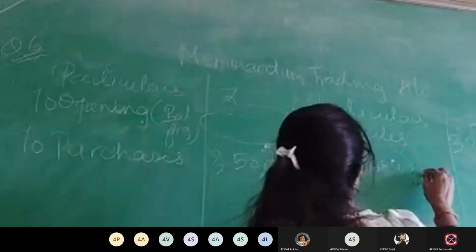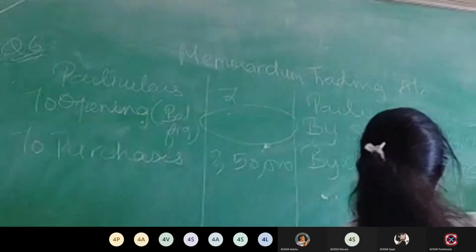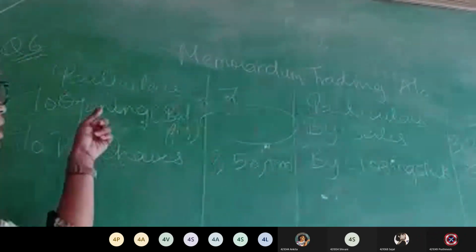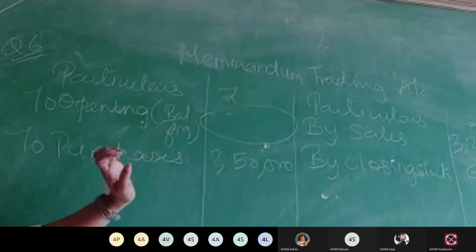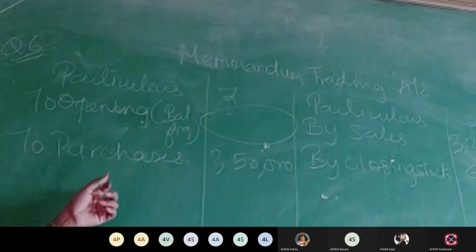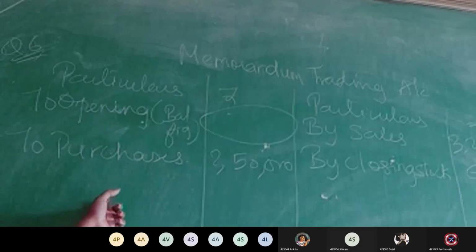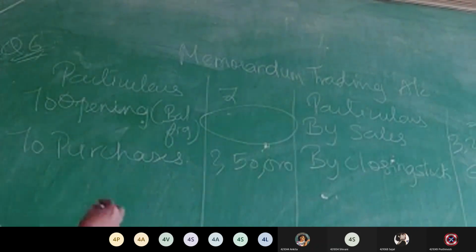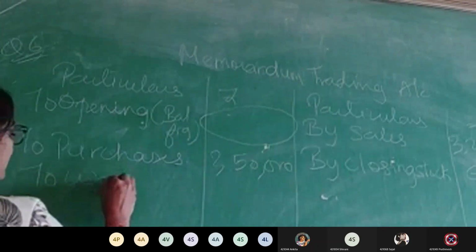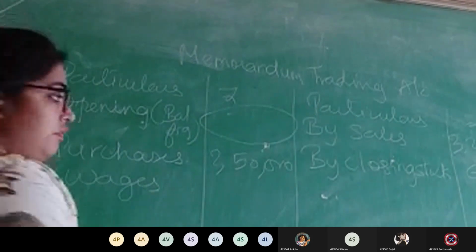How much is closing? 60. Opening, purchase, sales. This is the basic part that comes in trading. Then we have to see if there are any extra expenses. It is there. We have wages. So right here, 'To wages'. What's the amount? 3,000.